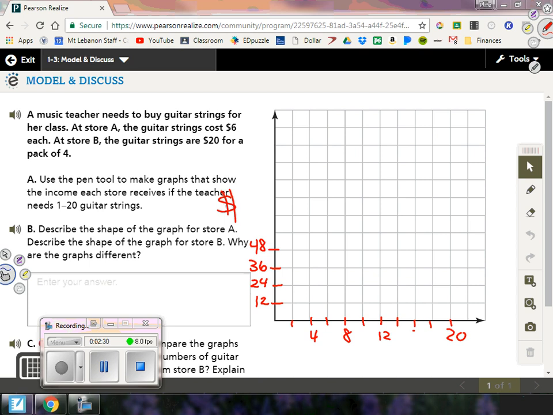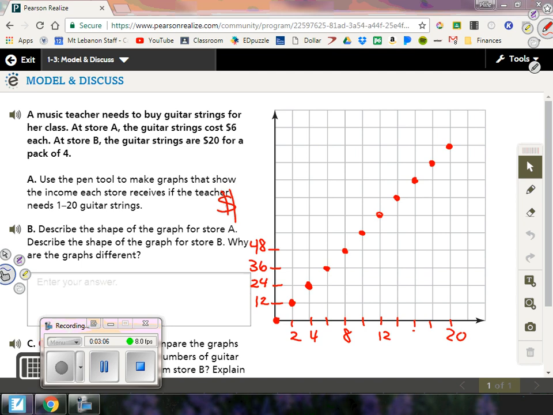So if she bought 2 guitar strings at $6 each, how much would that cost? 12. If she bought 4, 4 times 6 is 24. If she bought 0, how much income would they have? 0. Would this trend continue at store A? Yes, going up as far as you can go on the paper.